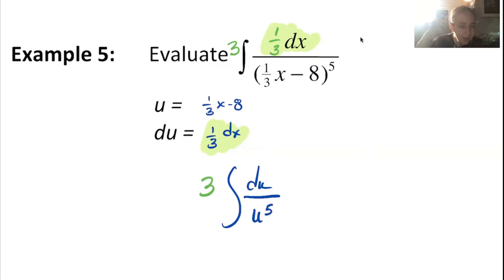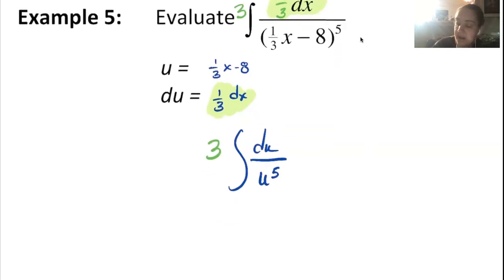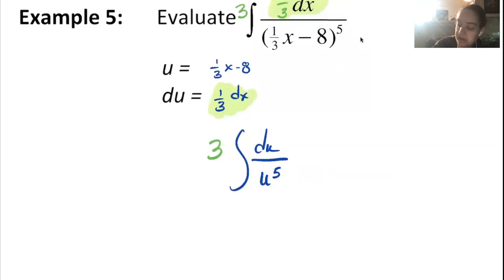Now, I don't think we've actually mentioned this in our antiderivative unit, and we probably should have. You cannot integrate u to the 5th when it's sitting in the denominator. You must move that to the numerator. So this is u to the negative 5 du. There is no quotient rule for integrals.